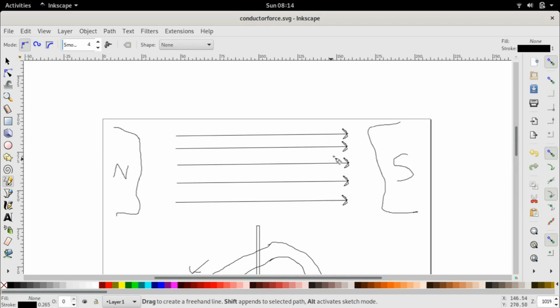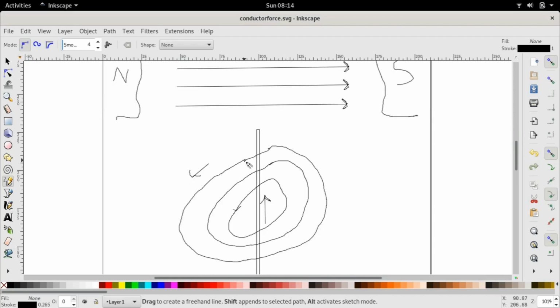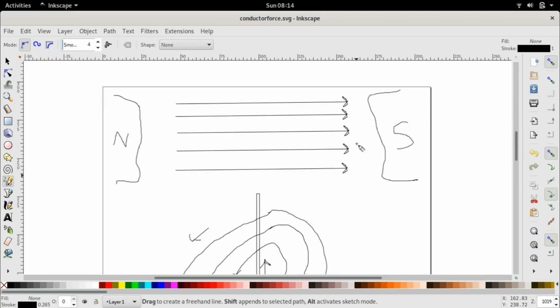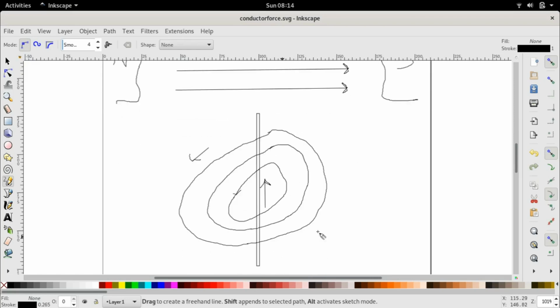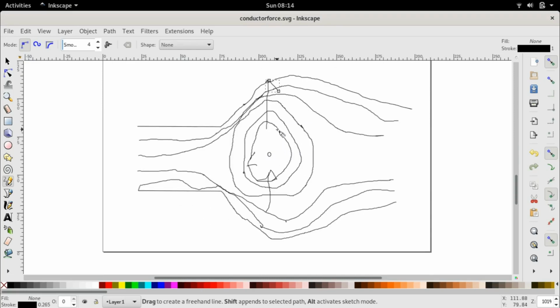What is important to remember is that this magnetic field and this magnetic field are in the same plane. So if we assume that these magnetic lines of force are all in the horizontal plane, and so are these, then we see here that the force produced is perpendicular to the conductor.